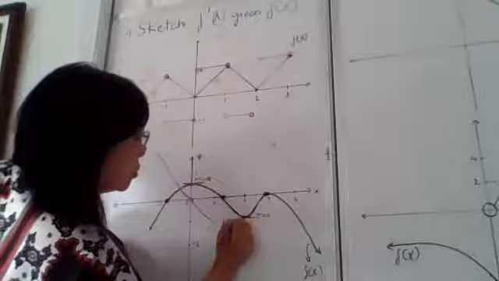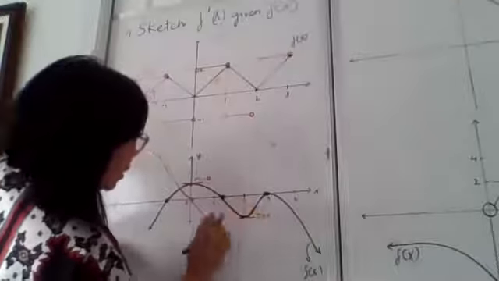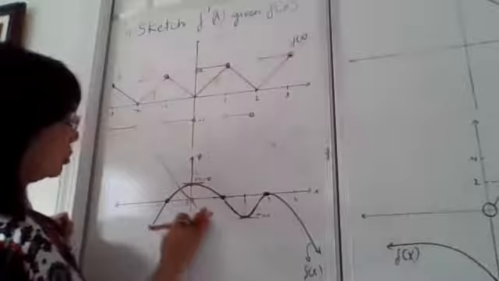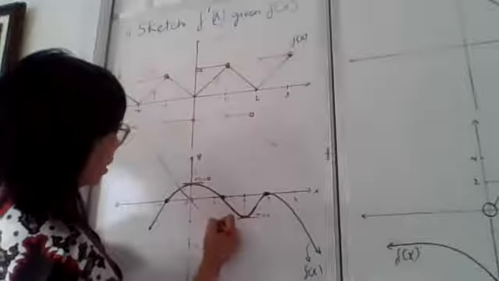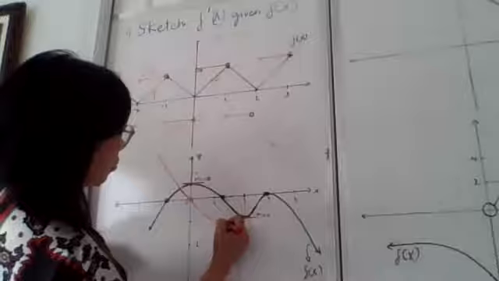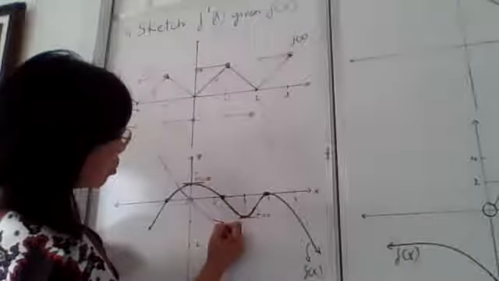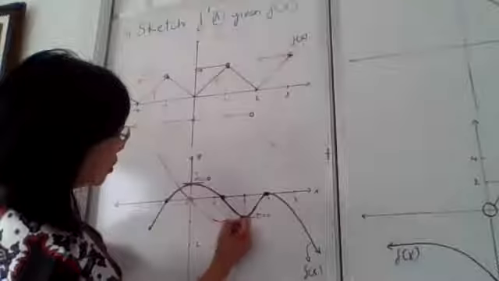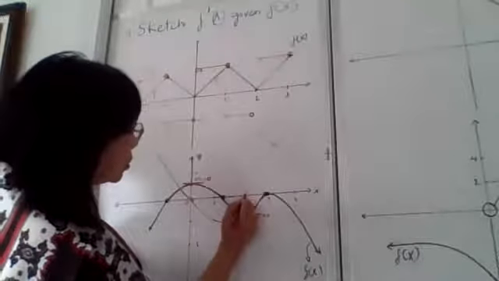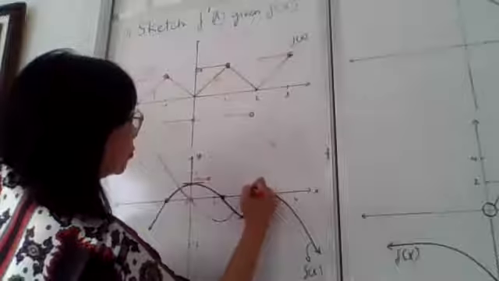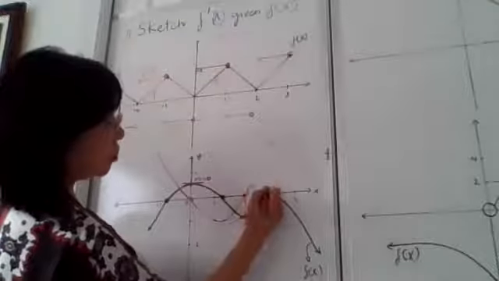We have a horizontal tangent at this point. So at this point, our derivative function will be negative, but then start to go up, because at this point the function starts increasing. And the slope becomes 0 at this point, because of the horizontal tangent line here. So it goes to 0.